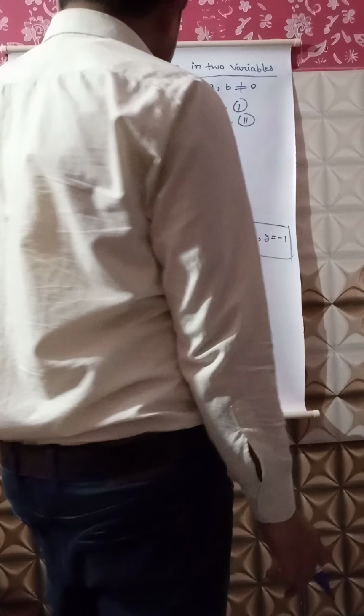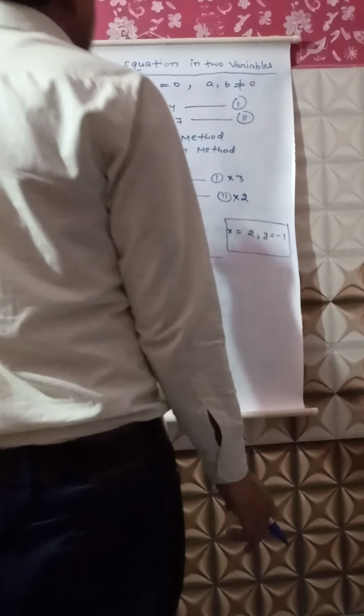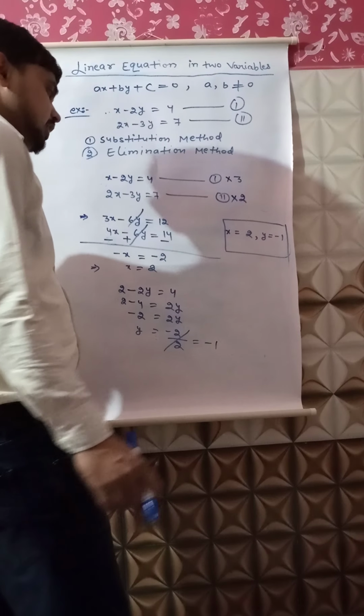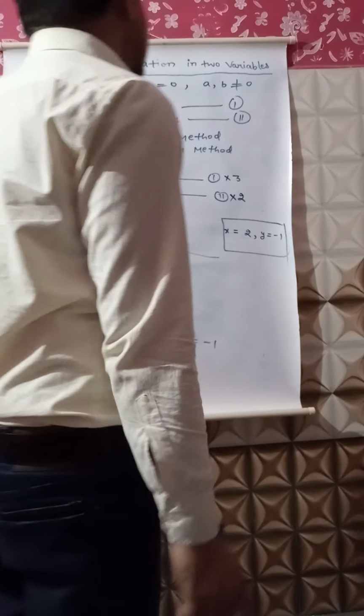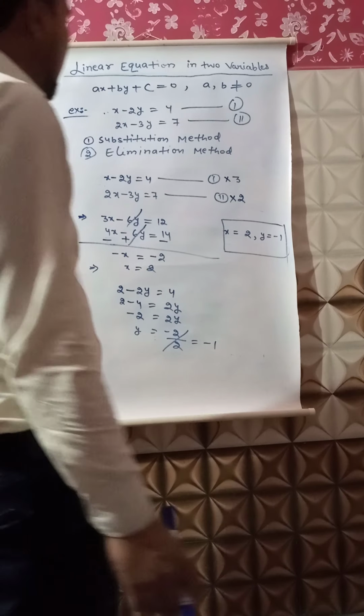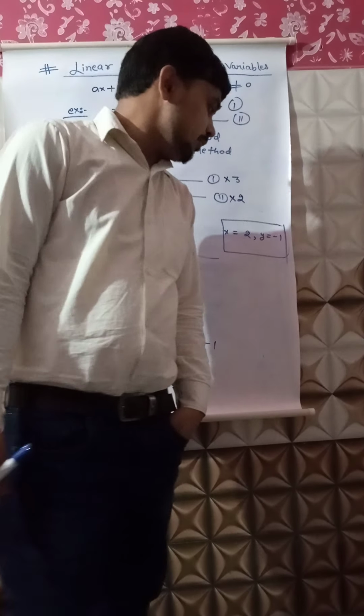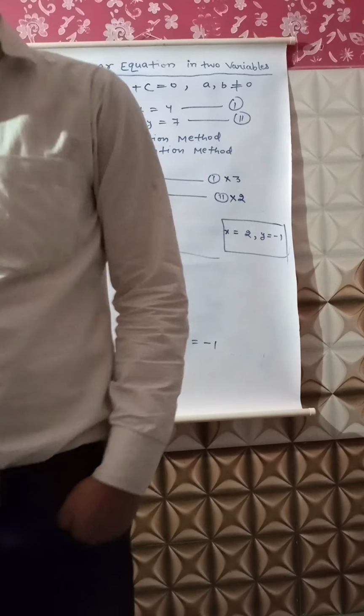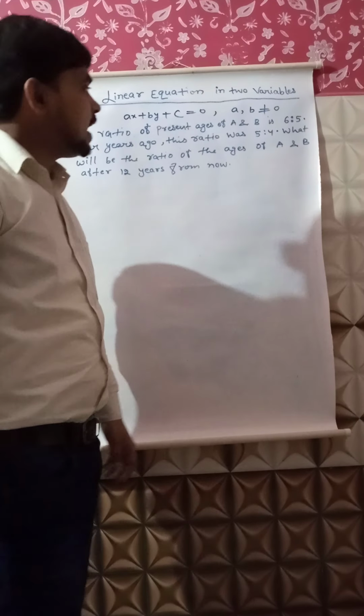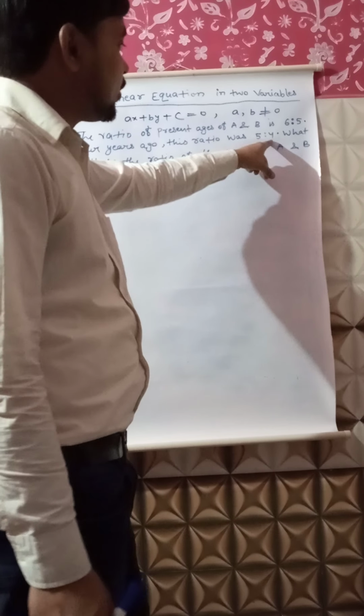So we have seen here the substitution method and the elimination method. Now we are going to solve one question based on age. The question is, the ratio of present ages of A and B is 6:5. 4 years ago, this ratio was 5:4.